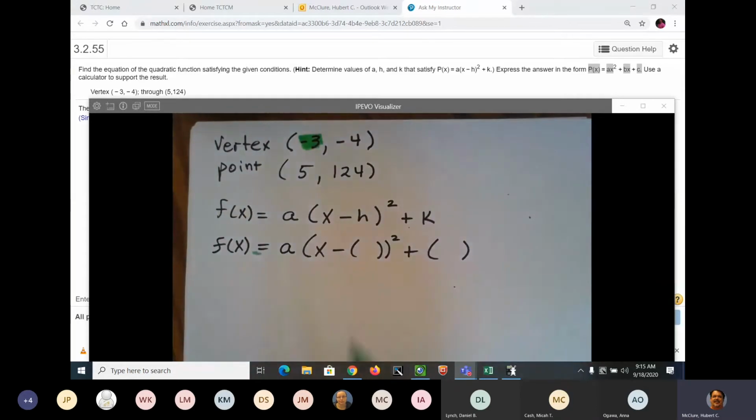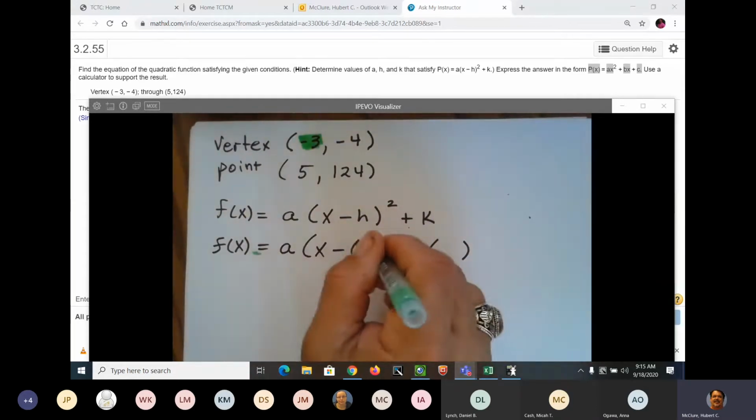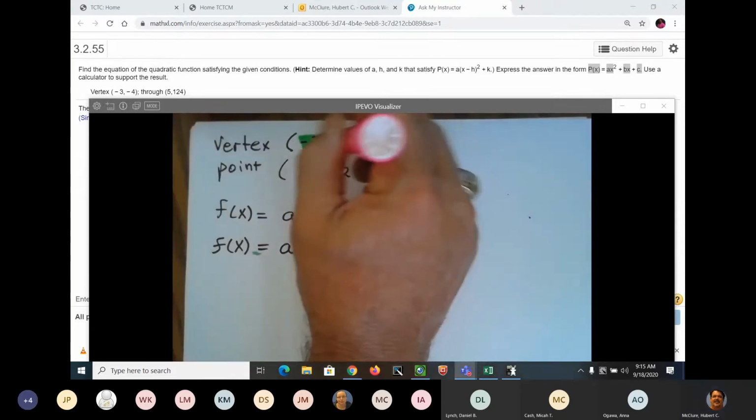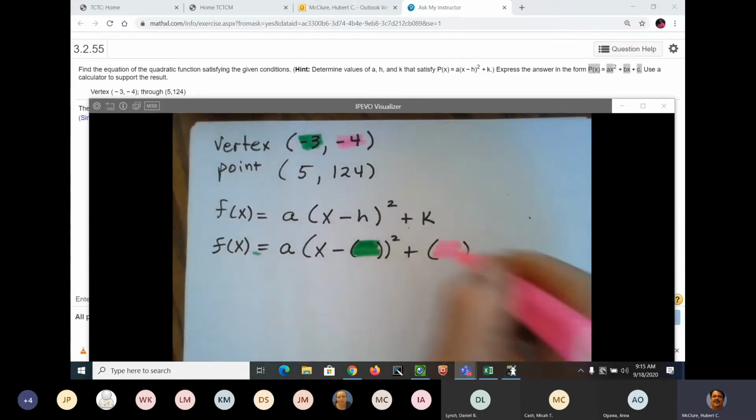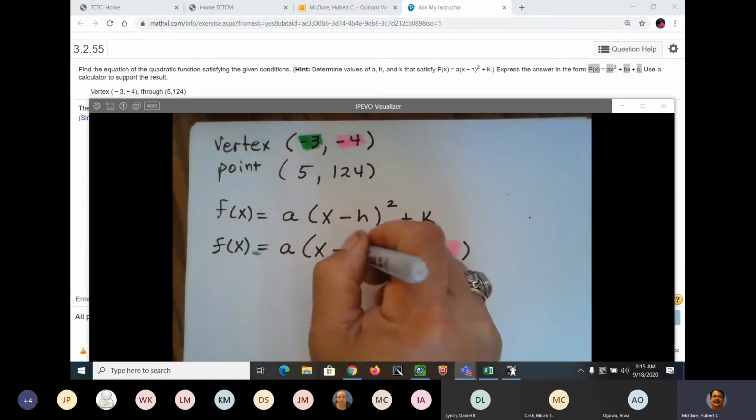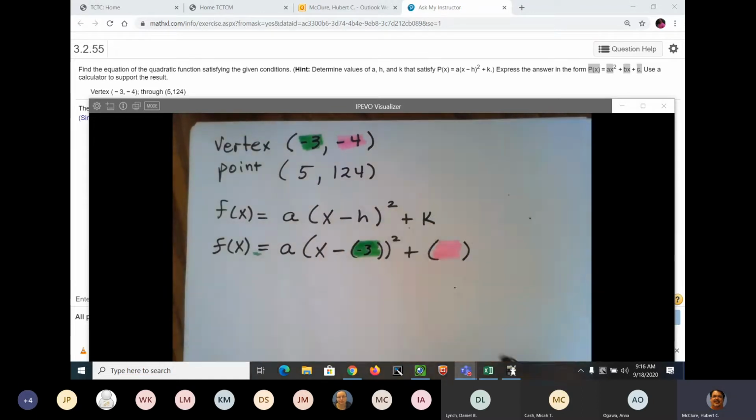There's -3. -3 is going to go right there. And -4 is going to go right there. And y'all knew that because y'all know vertical and horizontal shifts from chapter 2. And you also know when we get completing the square, this is what we get. So that's a -3 and a -4.